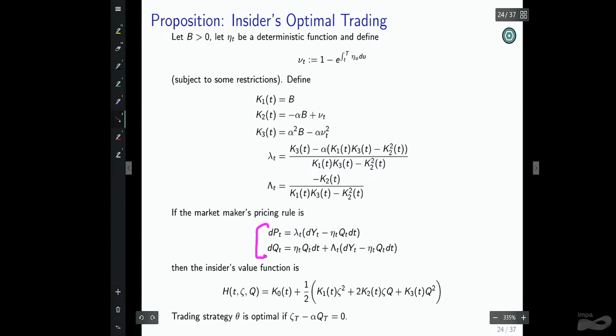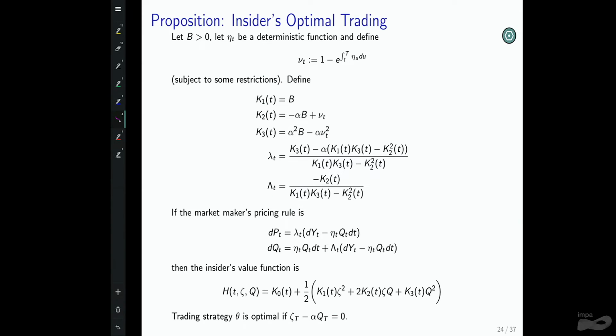So assume that the pricing rule and the inventory estimation rule take this form for arbitrary lambda, cap lambda, and eta. Okay? Then we define these quantities, and we in fact have this restriction. We need lambda and cap lambda to be related to these functions k1, k2, k3. Now, where does this actually come from?